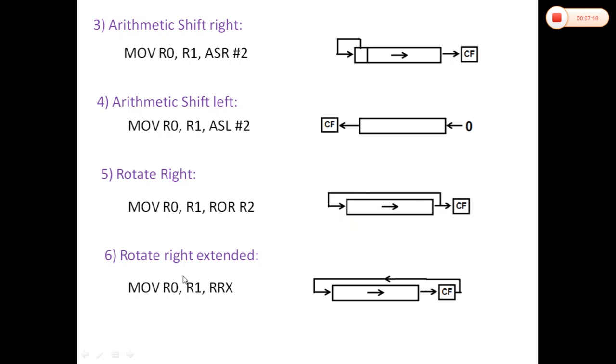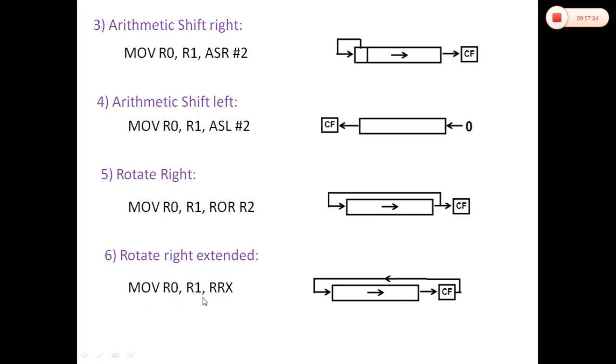The other possible operation is rotate right extended. Actually, this is a rotation along with the carry flag. So the 32 bits in the register and a carry bit, so 33 bits, are rotated to the right as shown in the diagram. Here the instruction is move R0, R1, RRX, rotate right extended.